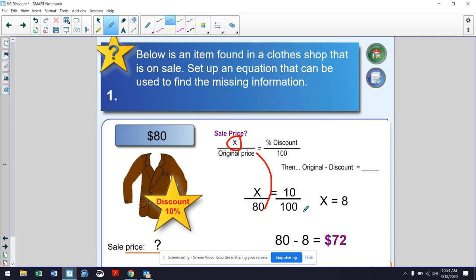Solving for x, we get 8. So 8 represents how much we don't have to pay. So of that $80, we're not going to pay $8 of it. So we're only going to be paying $72. So our final answer for what the sale price would be for an $80 jacket that's 10% off will be $72. Let's look at another.